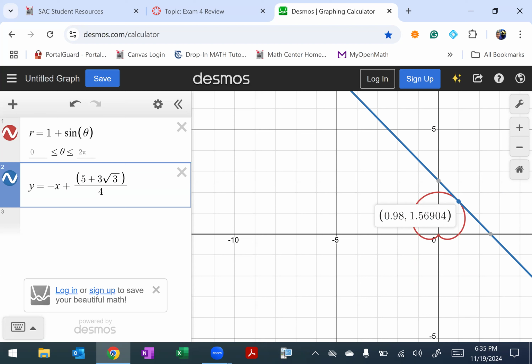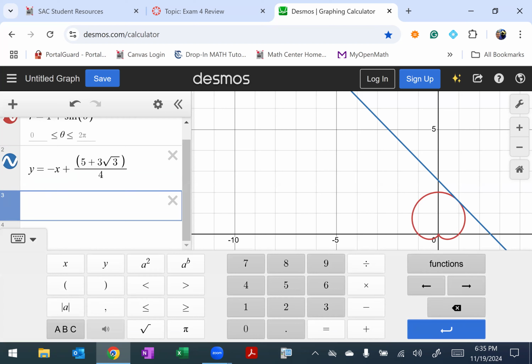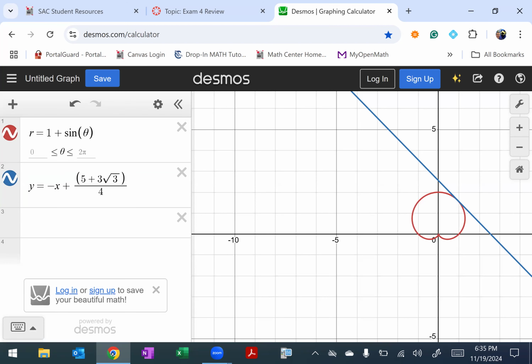How can I get the point of intersection? If I did y equals radical 3 x, then I might be able to get the point of tangency, because it goes through (0, 0).